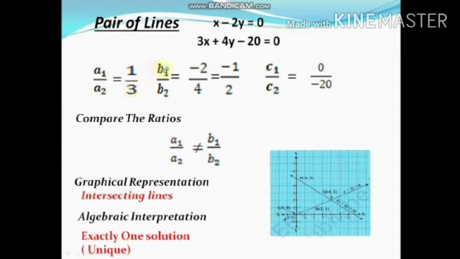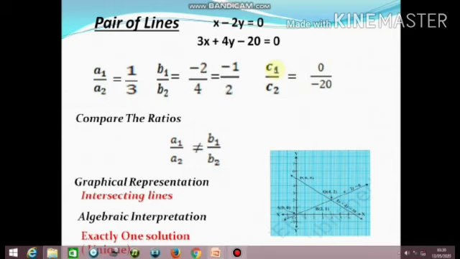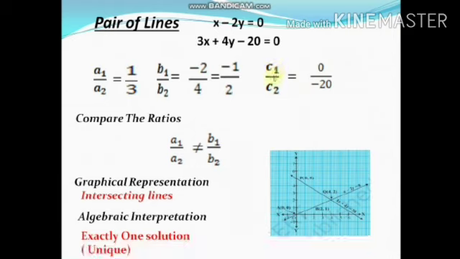Then we will find the ratio of b1 upon b2. Here the value of b1 is minus 2 and the value of b2 is 4, and when we simplify this, we get minus 1 upon 2. The value of c1 is here 0 and the value of c2 is minus 20, so the ratio will be 0 upon minus 20.